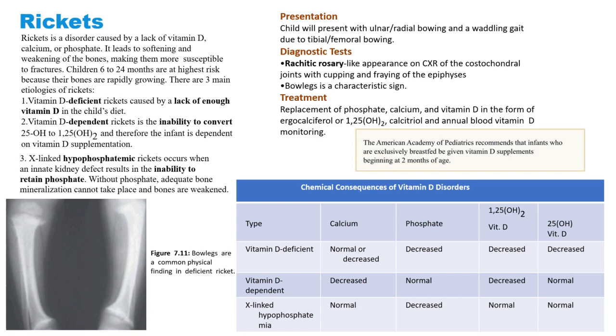The calcium is decreased, the phosphate is normal, the 1,25-OH2 vitamin D is decreased, and 25-OH vitamin D is normal. The number 3 form, X-linked hypophosphatemia, the calcium is normal, the phosphate is decreased, 1,25-OH vitamin D is normal, and 25-OH vitamin D is normal.